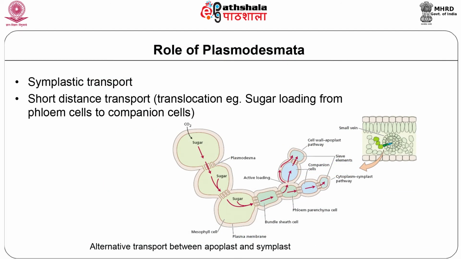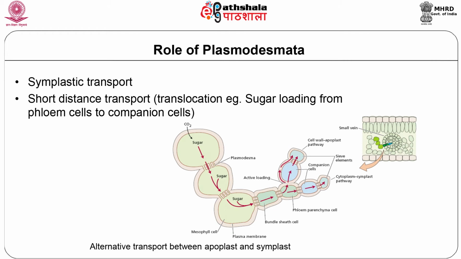Role of plasmodesmata. There are two main roles of plasmodesmata: symplastic transport, which occurs from cell to cell as seen in figure A, and short distance transport, that is translocation, for example, sugar loading from phloem cells to companion cells as seen in figure B below.